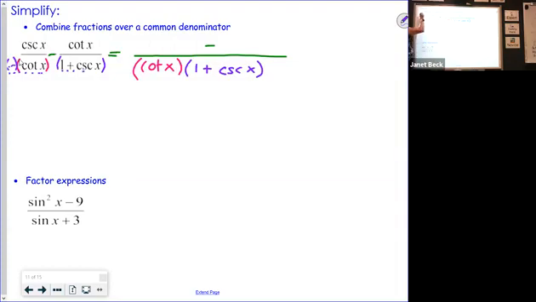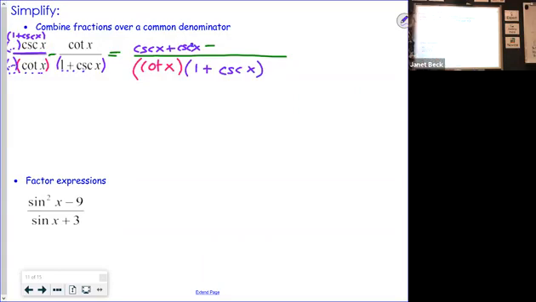So this numerator also needs to be multiplied by that. I really haven't got room to write it out nicely, but you're multiplying cosecant of x by 1 plus cosecant of x. So you distribute cosecant of x to the 1 and to the cosecant of x. So this one's numerator here becomes cosecant of x plus cosecant of x squared.